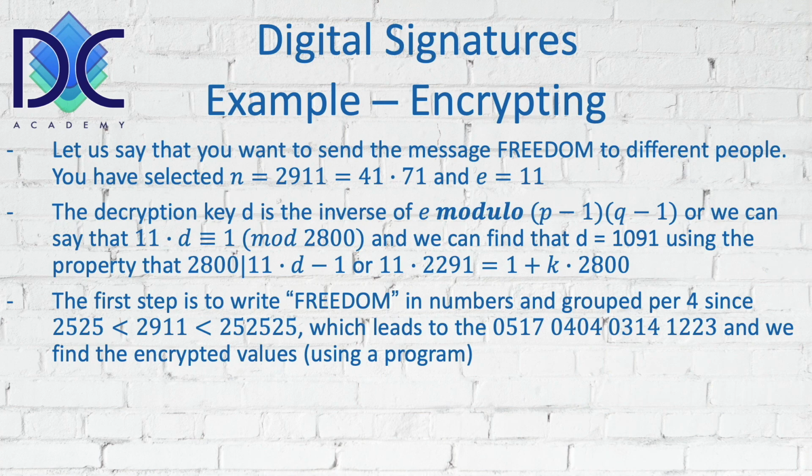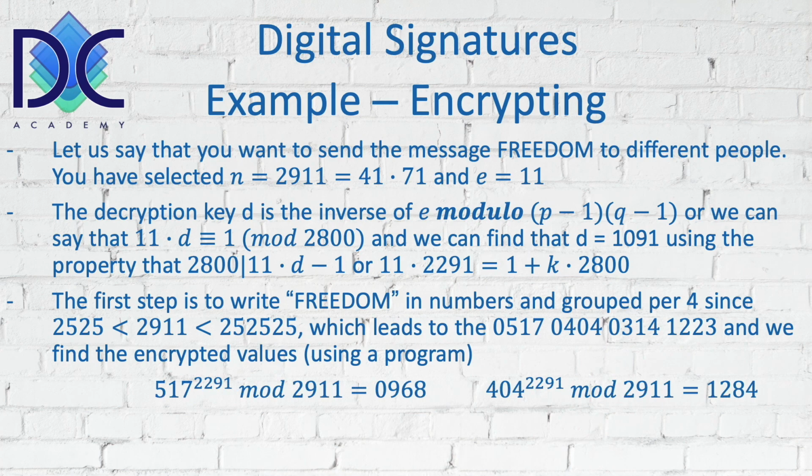Since we have 2525 smaller than 2911, and 2525 is larger than 2911, we find the numbers 0517, 0404, 0314, 1223, and we find the encrypted values.